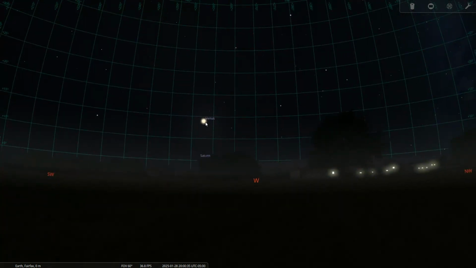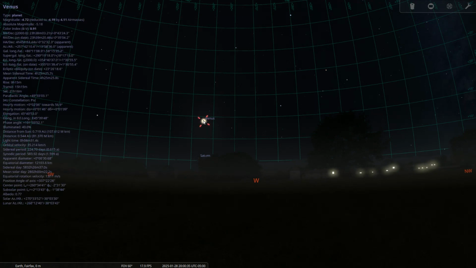Let's look at Venus. So Venus in altitude and azimuth at this particular time I can estimate to be about 14 degrees in altitude and 257 degrees in azimuth. But I don't have to estimate. If you click on Venus, you get all of this lovely information.